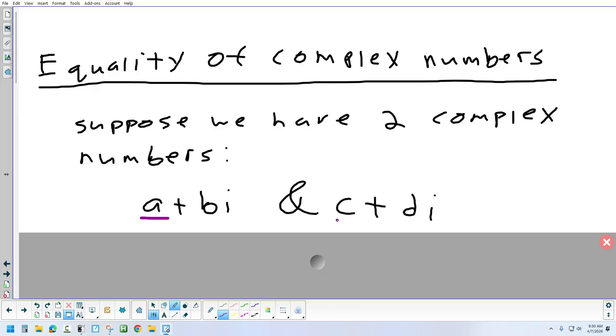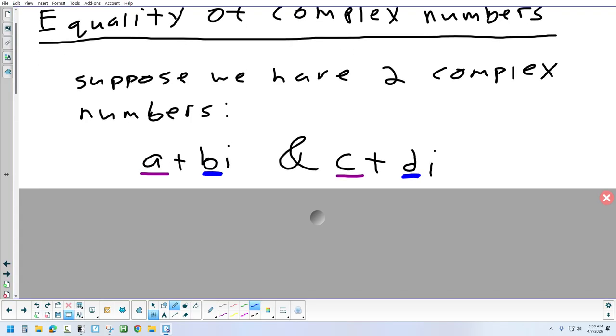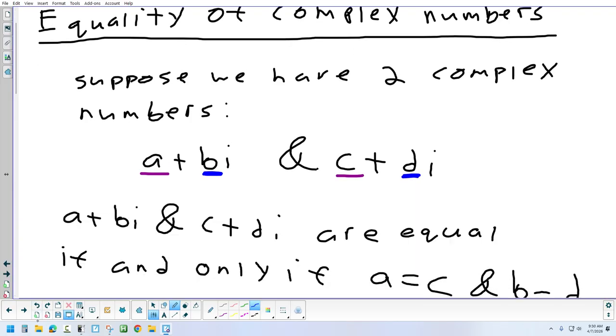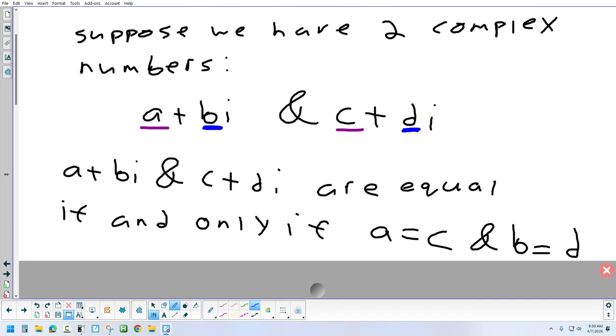C. All right, now back at the left one, what's the imaginary part? That's the B. And for the one on the right, what's the imaginary part? D. For these 2 complex numbers to be equal to each other, basically, the real part has to equal the real part. So the A has to be the same as the C, and the B has to be the same as the D. Both parts have to match.